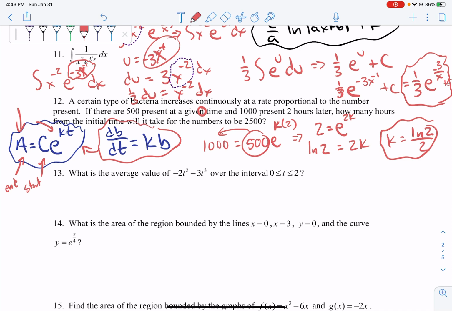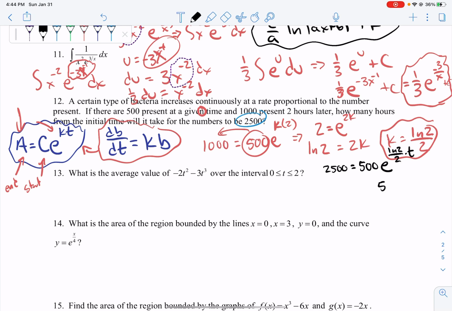Now that I know what K is, we can solve how long it's going to take to get to 2,500. So I want to end at 2,500, and that is going to equal my starting amount, which is 500, times e to the KT. So I'm going to put natural log of 2 over 2 times T. Now I want to solve for T, so I'm going to divide both sides by 500.